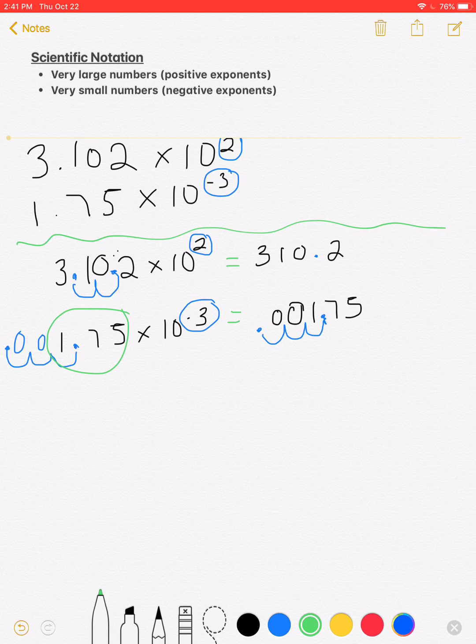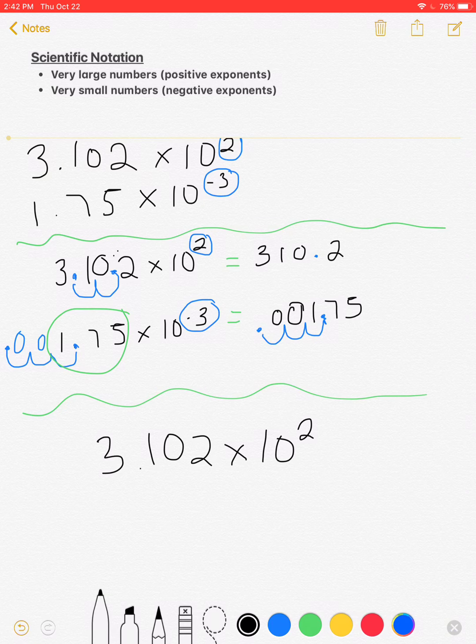And if this is at all confusing, if you get a number written in scientific notation and you're not sure what it is, let's take our 3.102 times 10 to the second again. If we were to figure out what is 10 to the second, I know that 10 times 10, which would be 10 to the second, is 100.